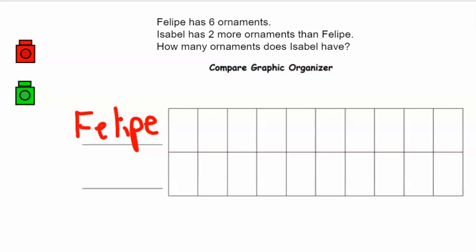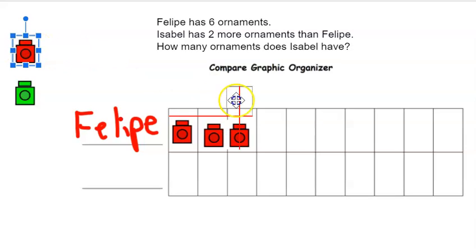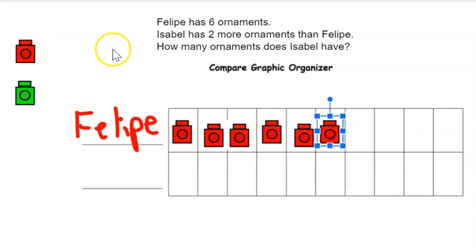We know that he has 6 ornaments. Can we use our Unifix cubes to represent his 6 ornaments? Help me count. 1, 2, 3, 4, 5, 6. Great job. We know that Felipe has 6 ornaments.